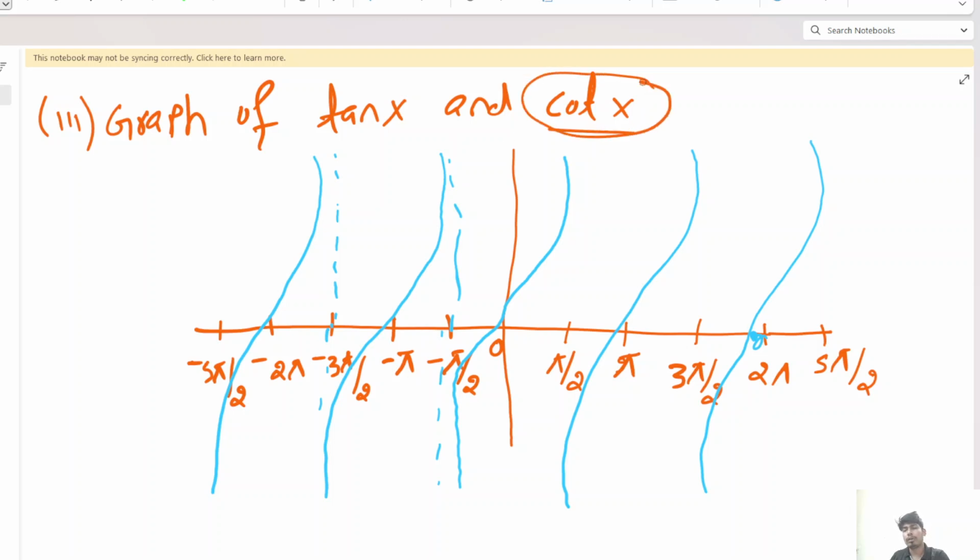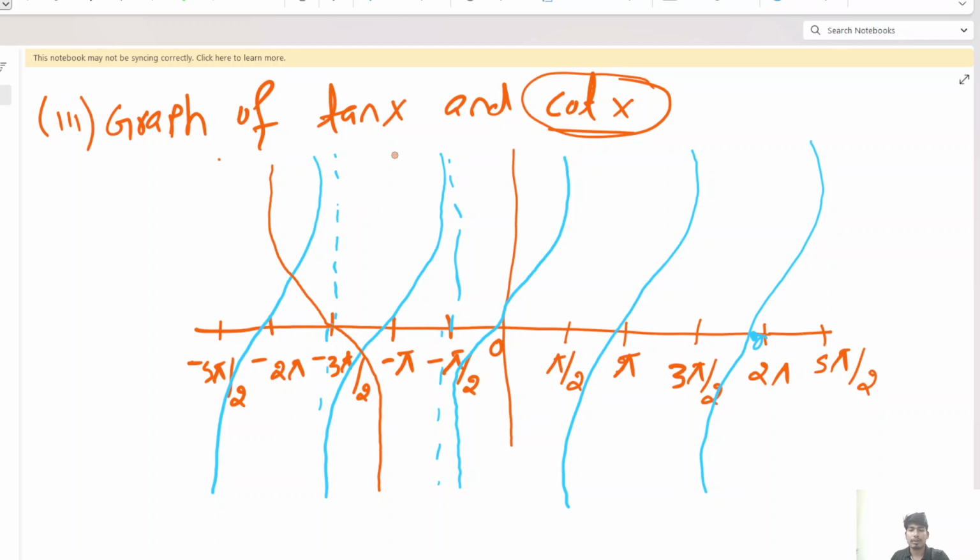Then we draw the graph of the cotangent function, okay. This is 0 at pi by 2 and infinity at pi, which means this graph lies here, and here, and here. This goes as it is, okay.